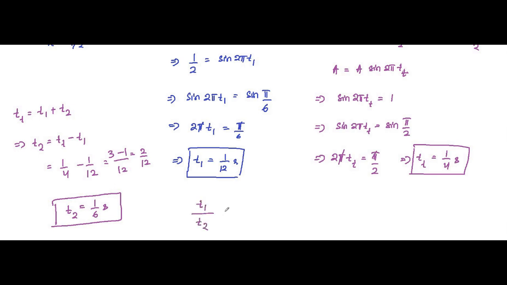So now the ratio t1 by t2 is equal to 1 by 12 divided by 1 by 6. That is 1 by 2. The ratio between t1 and t2, t1 by t2, is equal to 1 by 2. This is the ratio.